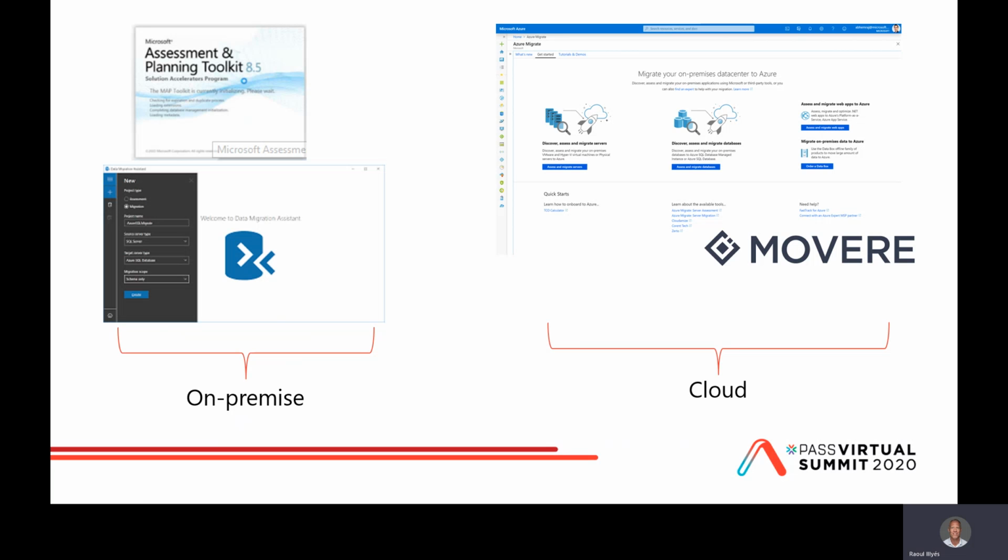Versus that, Microsoft also has a strong cloud suite available to you, to be used to, again, get precisely the same type of data.